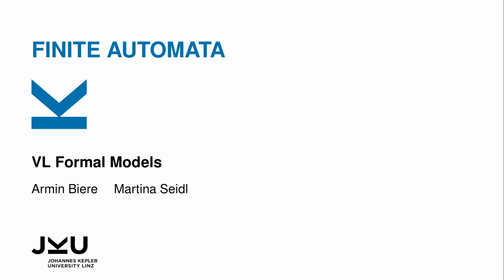But the notation might be different and also a bit how they look like. Then we have seen properties like determinism and completeness, and we wondered how we can get a non-deterministic or non-complete automaton into a deterministic and complete one that accepts the same language as the original one.